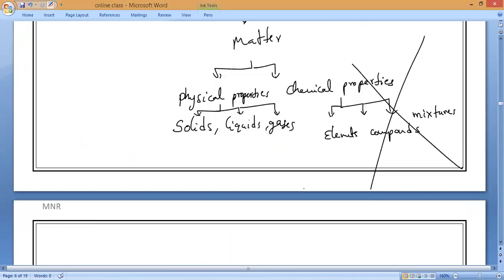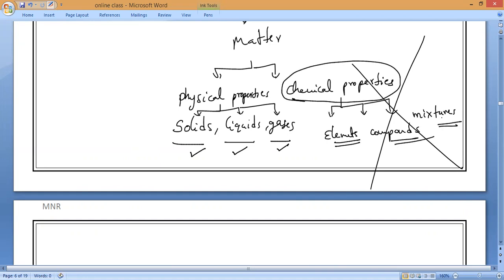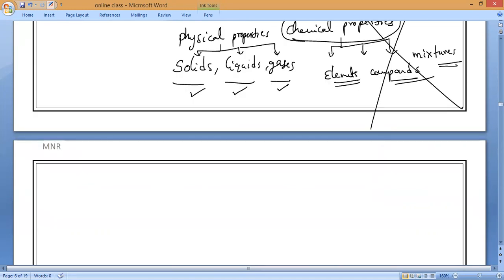Based upon the physical properties, we will identify in our surroundings whether something is a solid, liquid, or gas. That's all. Later we will study, based upon chemical properties, whether it is an element, compound, or mixture, in the next chapter, chapter 2, Is Matter Around Us Pure.